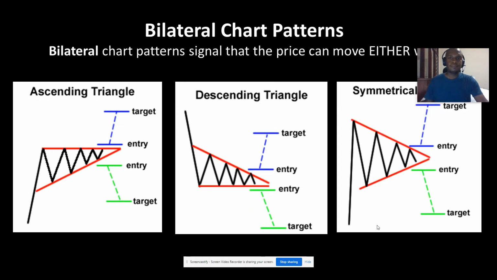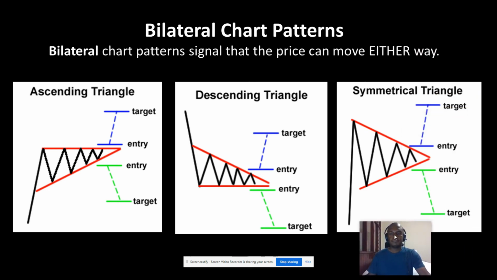Another form of chart patterns are the bilateral. Bilateral chart patterns signal the price can move in either way. So you see the market can either go to the top side or the bottom side in all these three triangles.